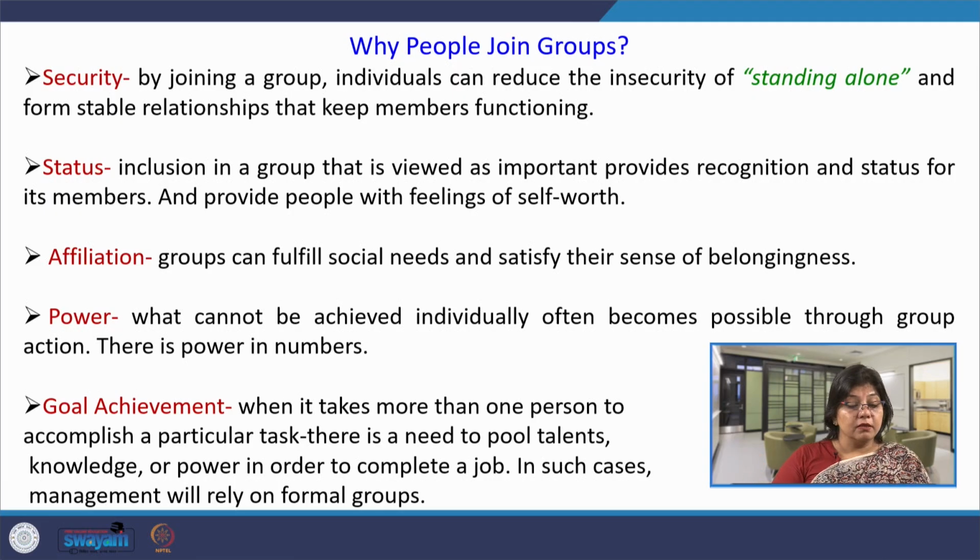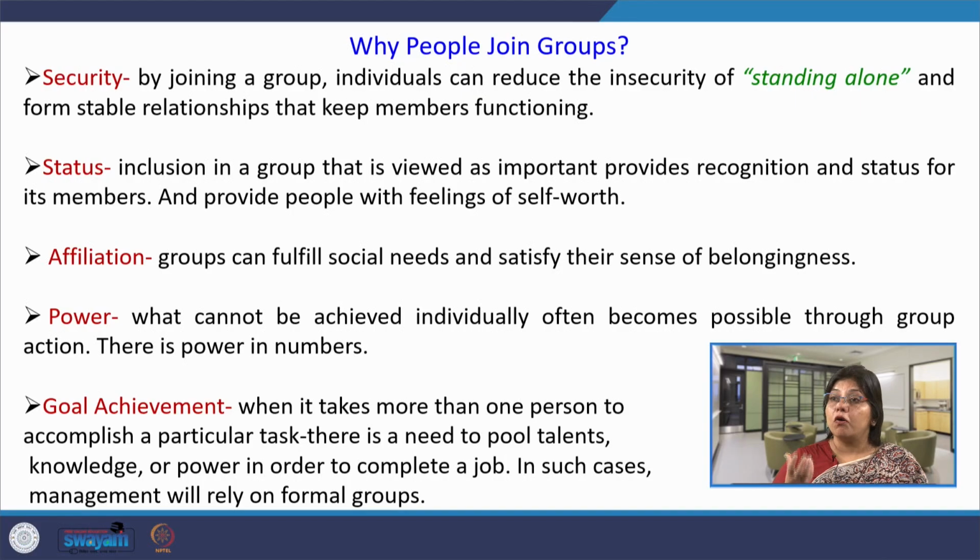And the last reason is goal achievement. When it takes more than one person to accomplish a particular task, there is a need to pool talents, knowledge or power in order to complete a job. In such cases, management will rely on formal groups. So, here when we talk about goal achievement, then definitely it is from the organization's point of view, that whenever the organization sets a higher goal, it requires every expertise from every area of functioning, and authorities tend to pool all the talents and form a new group to create something new or resolve any problem.